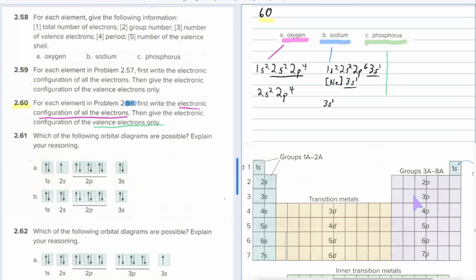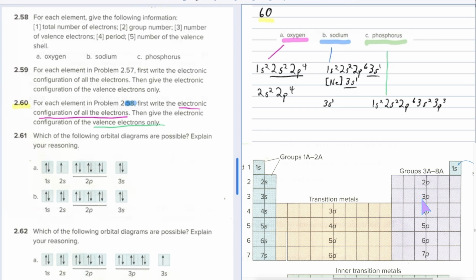So you're going to end up with 3p3. So reading it off, that's going to be 1s2, 2s2, 2p6, 3s2, 3p3.